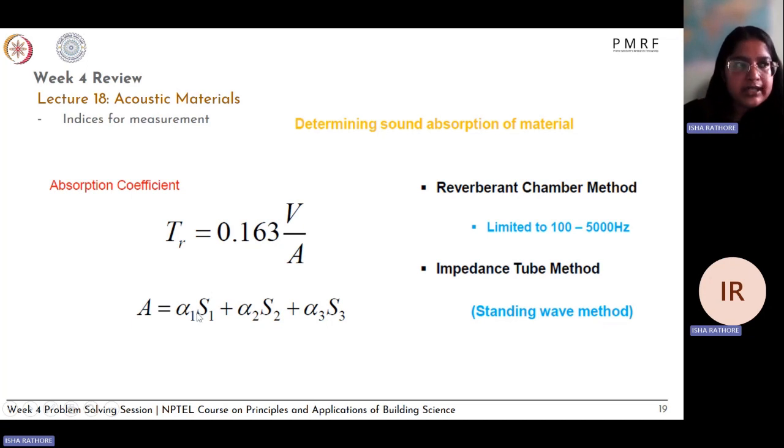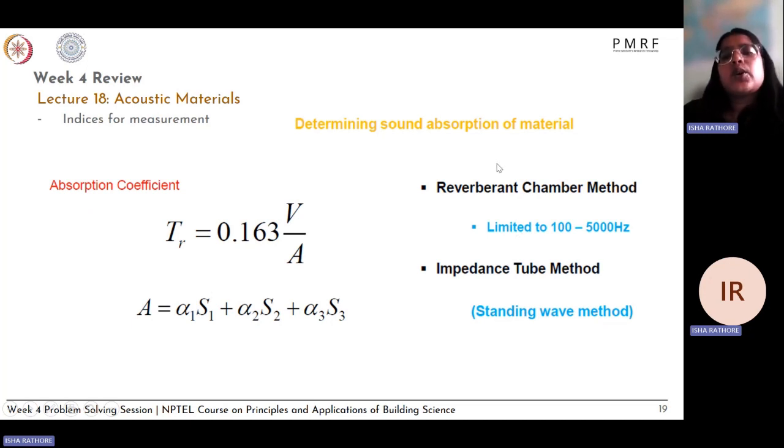So the absorptance of east wall into the surface area of east wall, plus absorptance of west wall into surface area of west wall, plus absorptance of north wall into surface area of north wall, plus absorptance of south wall into surface area of south wall, plus similarly for roof as well as for floors, and if there are other surfaces like that. So A is the sum of absorptance into surface area of all the different surfaces on which sound is striking, basically, and V is the volume. So you calculate the reverberation time using this equation.